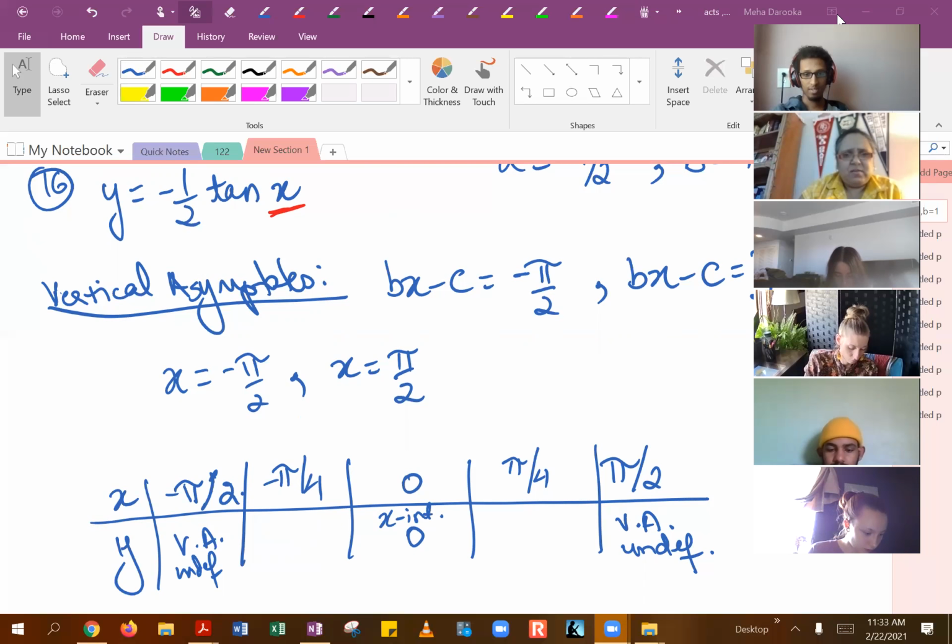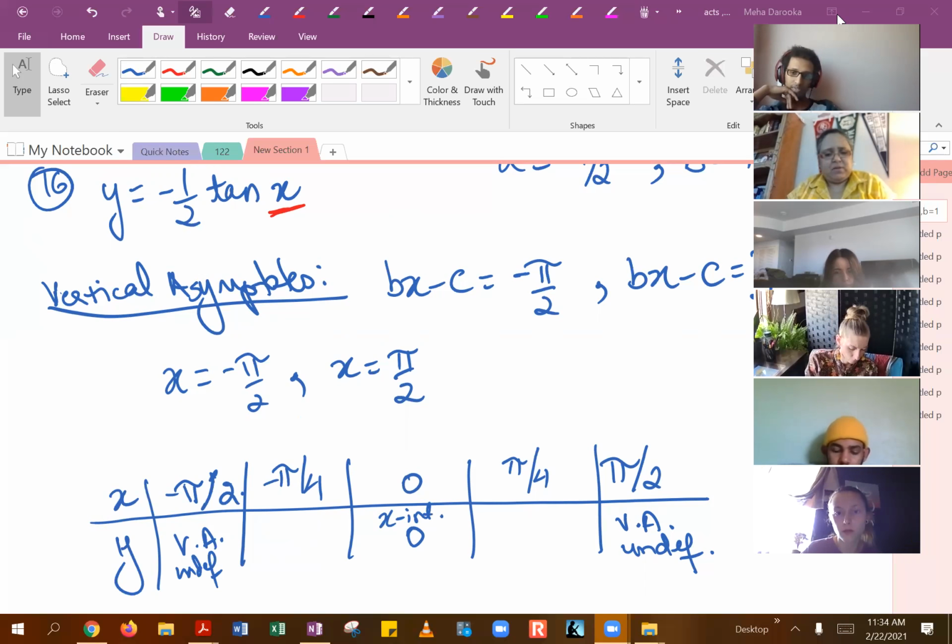You got -1/2. Okay, so let's see, we've got -1/2, and then we've got tangent of x, where x will be pi divided by 4. Okay, make sure I'm in the right mode.